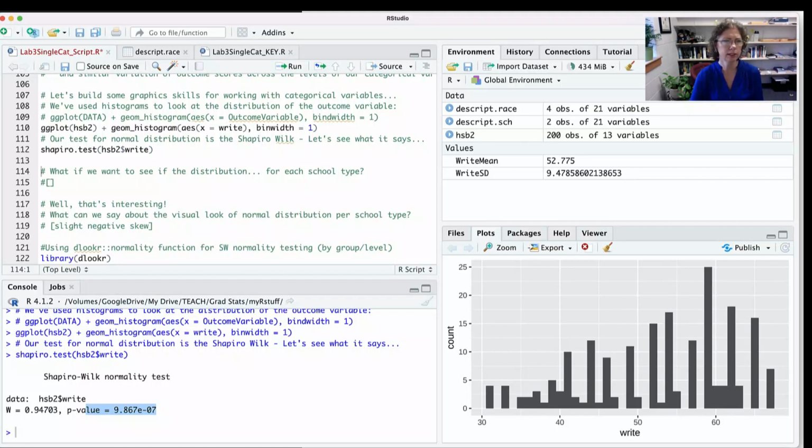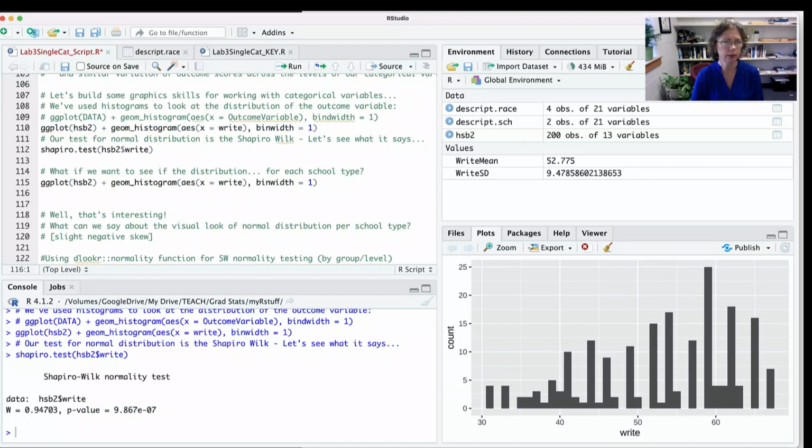But what if we want to see the distribution for each school type? We'll get our same ggplot, but now we're going to include some other pieces into it. We're going to add color equal to school type. There we go.